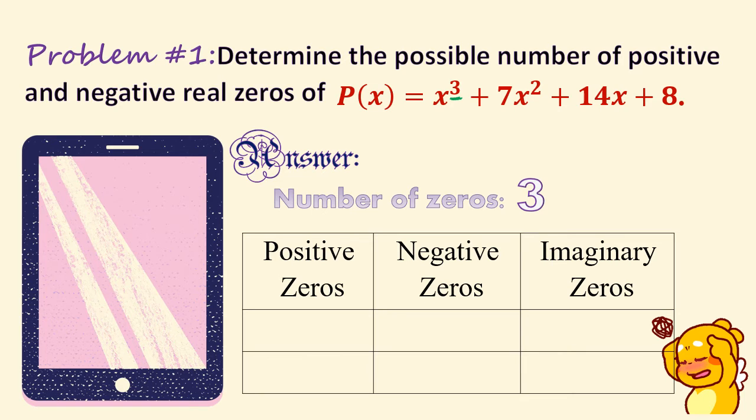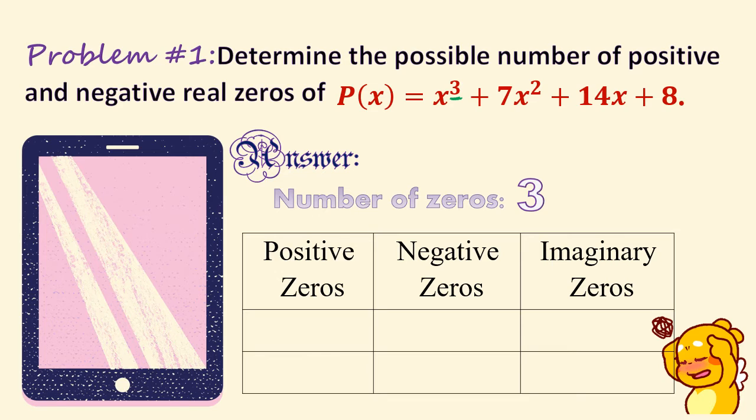Therefore, we can now start counting the variations in signs of the given polynomial function. But first of all, let's check if it is arranged in decreasing order, and fortunately, it is already arranged in decreasing order. So it's time for us to count the variations in signs.